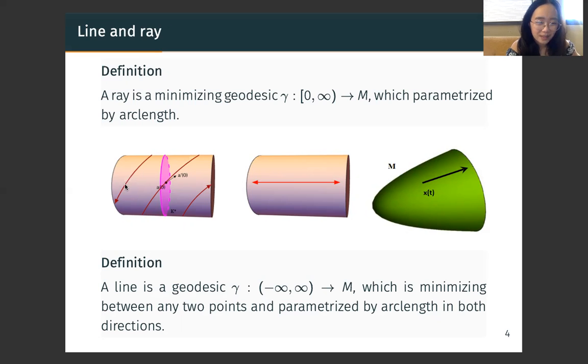For example, here, it'd be easier just to go straight like this to get to this point. And then our second picture of the cylinder does depict a line because it is minimizing between any 2 points.